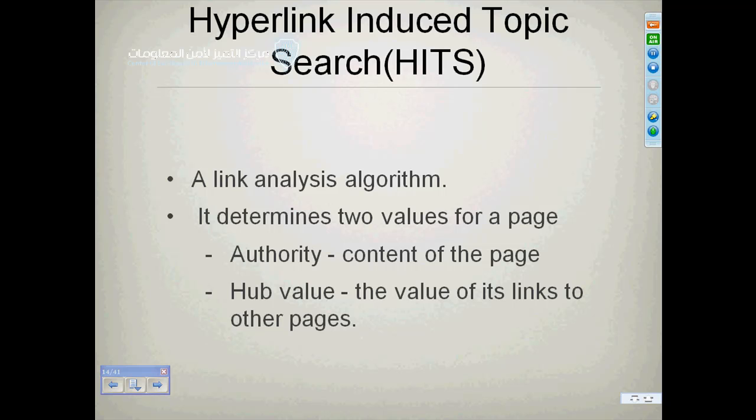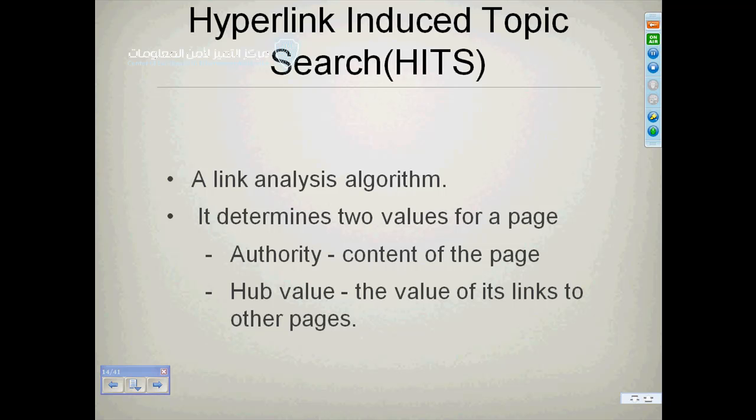So the question is to give an iterative approach to compute authority and hub values. This was done by Professor Jon Kleinberg at Cornell, whose papers are very highly referenced, and he received a major award recently for his work in topic-specific authority and hub calculation.